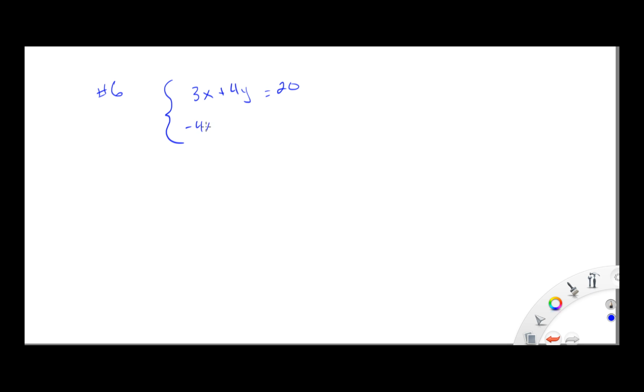Negative 4x plus 3y equals 15. All right, notice on this one, the 3 and the 4 here and the 3 and the 4 here, it's pretty difficult because there's not an easy, we just multiply by 1. We have to get a common denominator here. So either we're going to eliminate the x's or we're going to eliminate the y's. This time let's focus on the x's, okay?